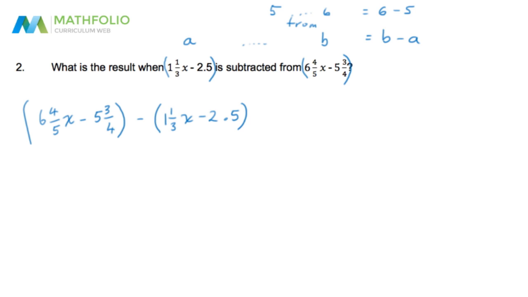So one great way that could help you understand some of the problems that students have with this is to see this minus out here and how it must distribute to the terms inside the second set of parentheses.